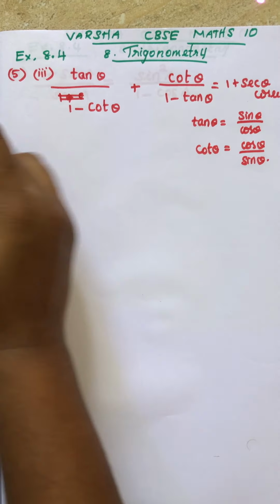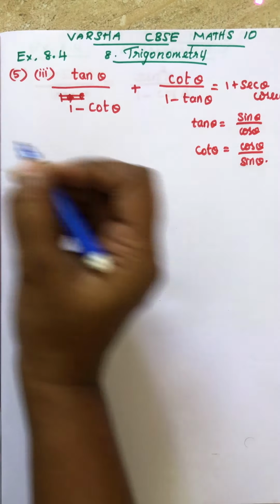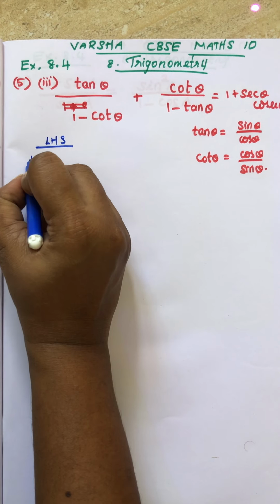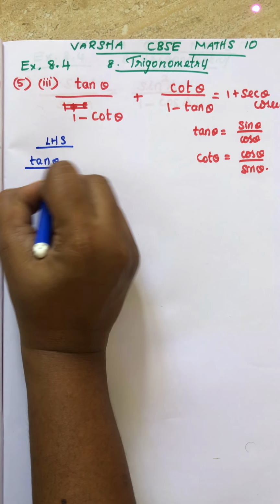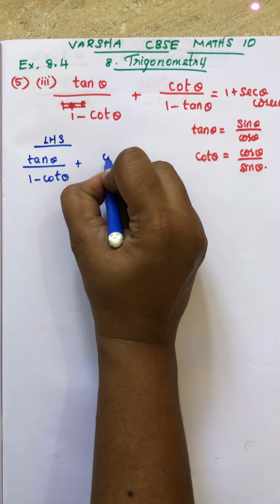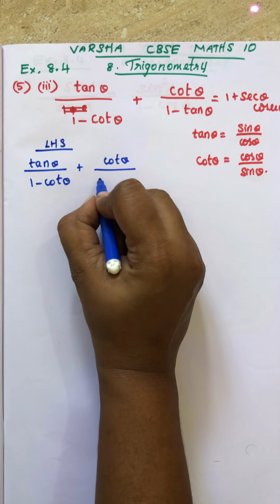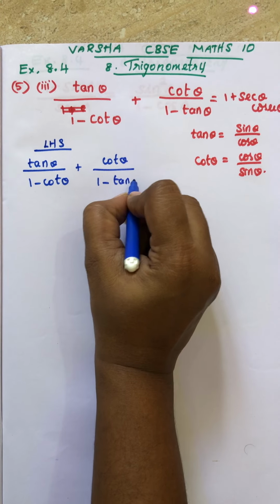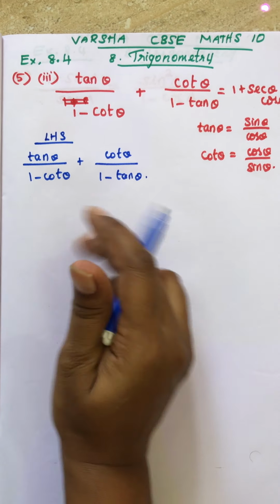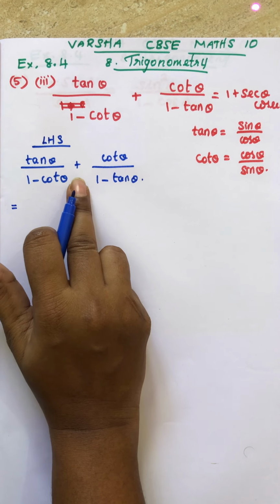Okay. See, take your LHS. What is that LHS? Tan theta by 1 minus cot plus cot theta by 1 minus tan. You have to clearly know how to cross multiply and why we are multiplying.